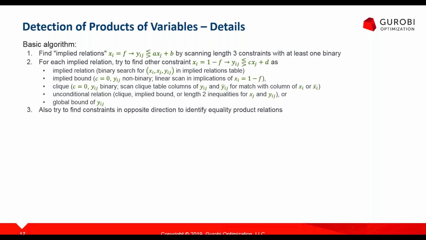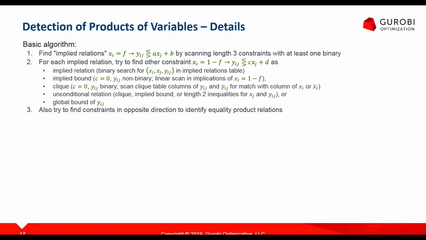Second alternative, if c is equal to 0, is that yij is actually binary, and then we have to scan the clique table instead. So Gurobi stores the clique table not only in a row-wise fashion, so that means for every clique we know which are the members of the clique, but it also stores it in a column-wise fashion, so that means for every variable yij or its complement, yij bar, we know in which cliques this literal appears.